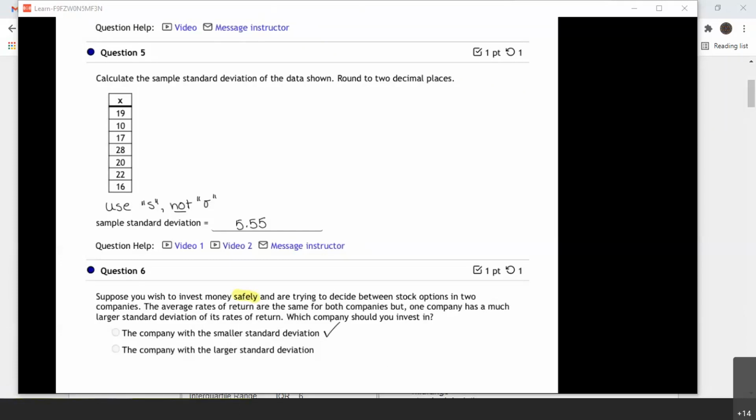Suppose we're looking at rates of return over a 10-year period. What does the smaller standard deviation mean? Anybody want to either unmute and chat with us or type it? So I'm asking you why you picked what you did.